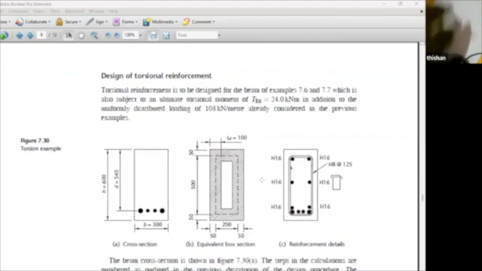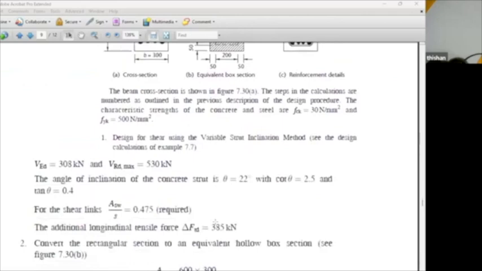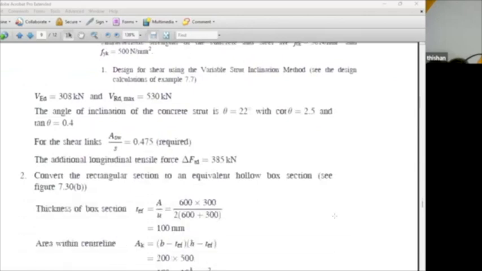U is the perimeter of the section, that is twice 600 plus 300. And when you do this calculation, you will find that the answer is 100 millimeters.